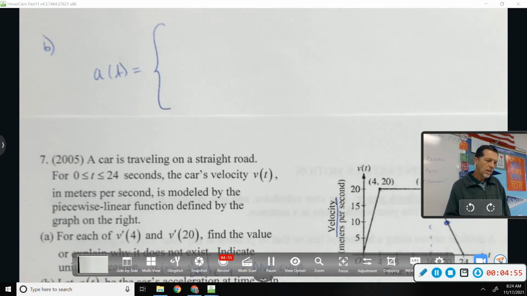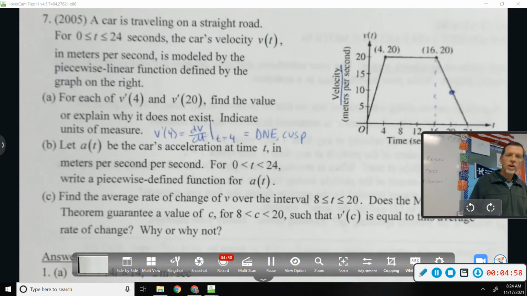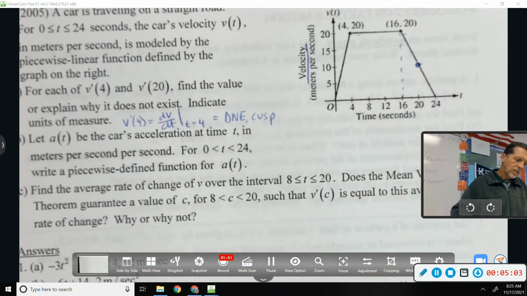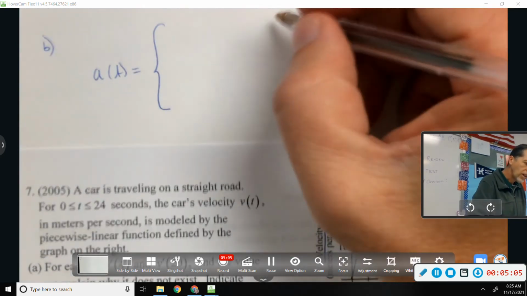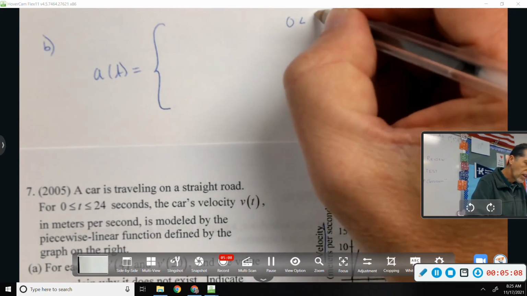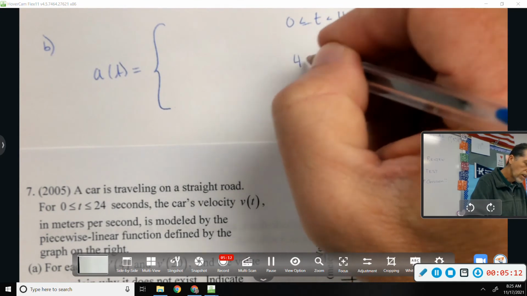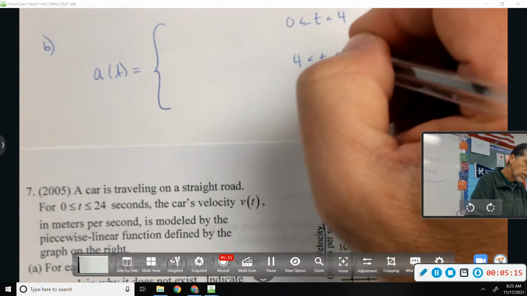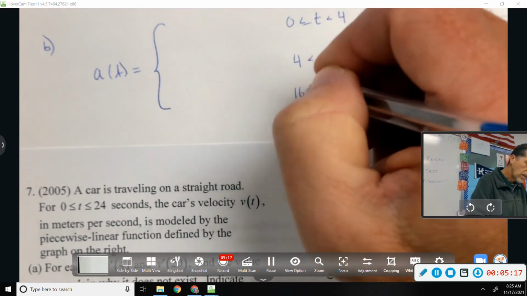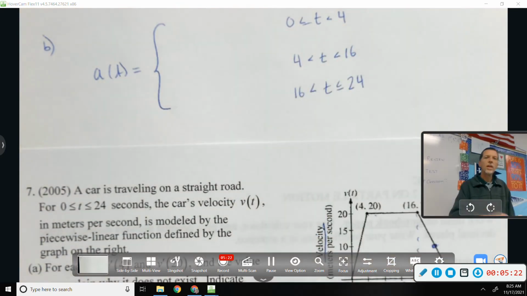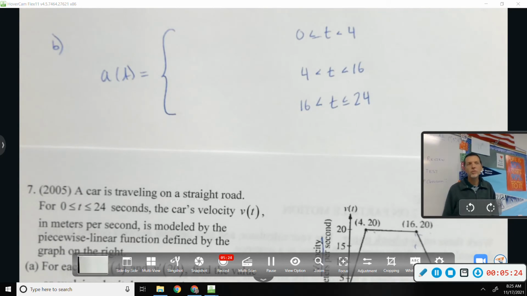So I think my pieces will be 0 to 4, 4 to 16, and 16 to 24. And I definitely do not want to include 4 and 16 because we already said those derivatives wouldn't exist.